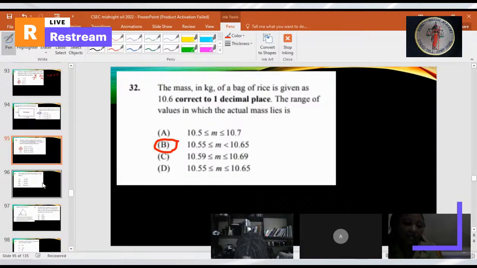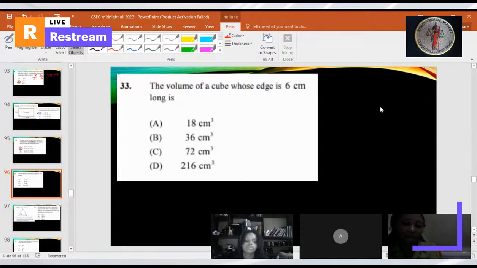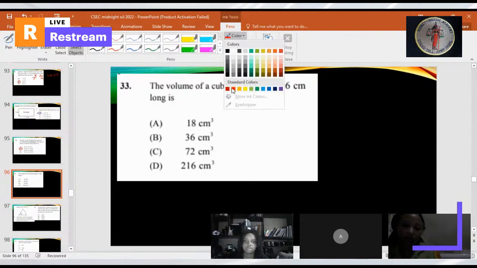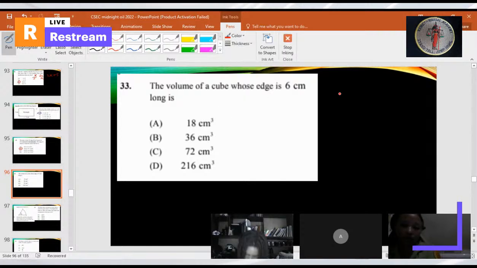All right, Imani, number 33. Okay, Miss. Number 33. The volume of a cube whose edge is 6 centimeters long is... So a cube is a square box, right? Yes, Miss.